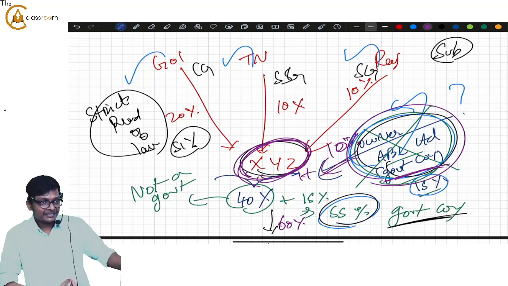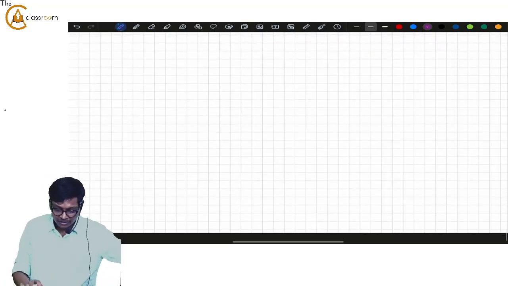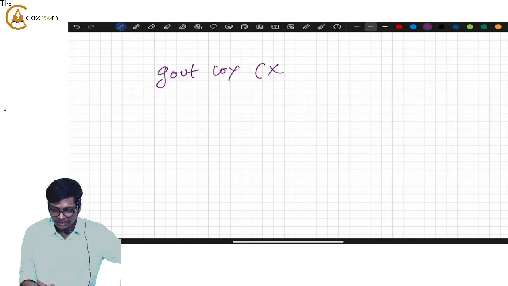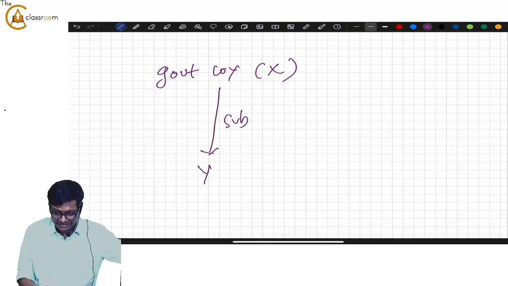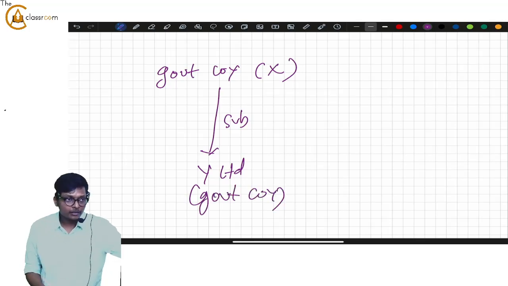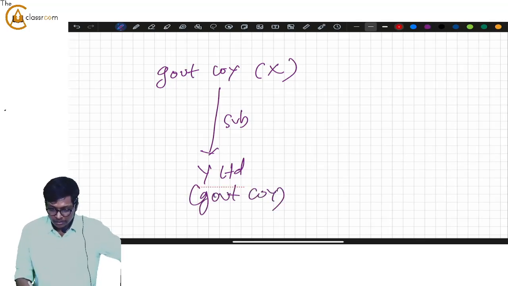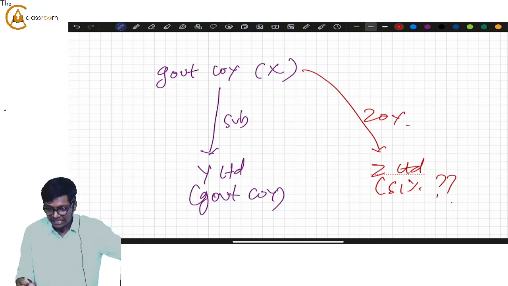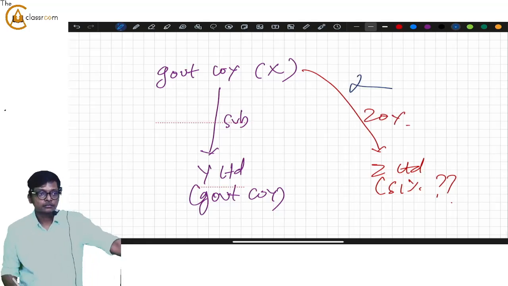Are you following, guys? Can you see the difference? I will again show the difference. Look at this. This is a government company. Let me call it X. X's subsidiary, let's say Y Limited, will become a government company. But for Z Limited, when counting the 51%, if X is having only 20% shares here, I will not consider this.